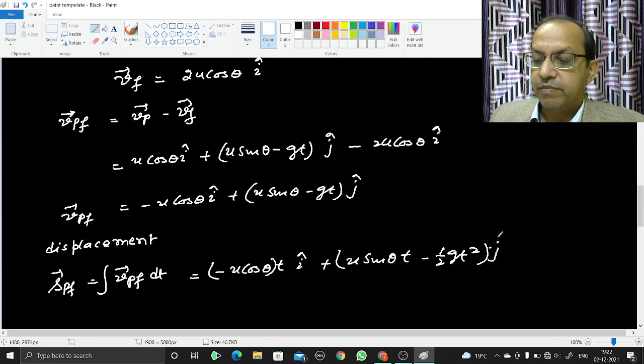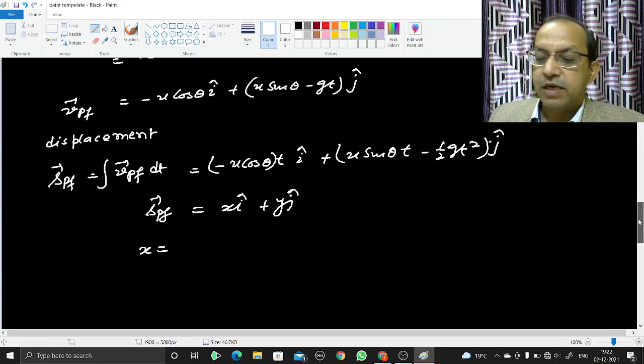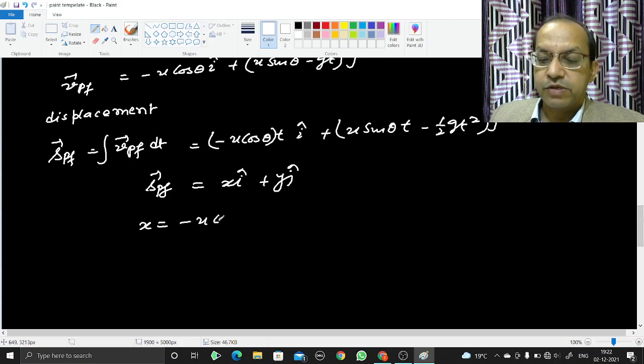We can assume that the x component is x and the y component is y. So spf equals x i cap plus y j cap, where x equals minus u cos theta t, and y equals u sin theta t minus half g t square.